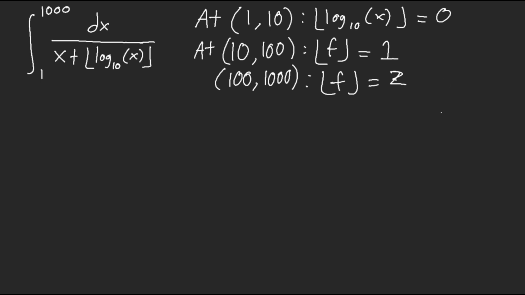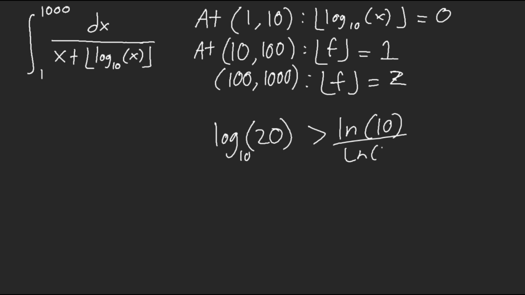Okay. Right, and the reason why, again, if you're not sure why this equals 1 or 2, it's because if you plug in log, let's say 20, because it's more than 10, because log of 10 is ln of 10 over ln of 10, which is equal to 1, right?